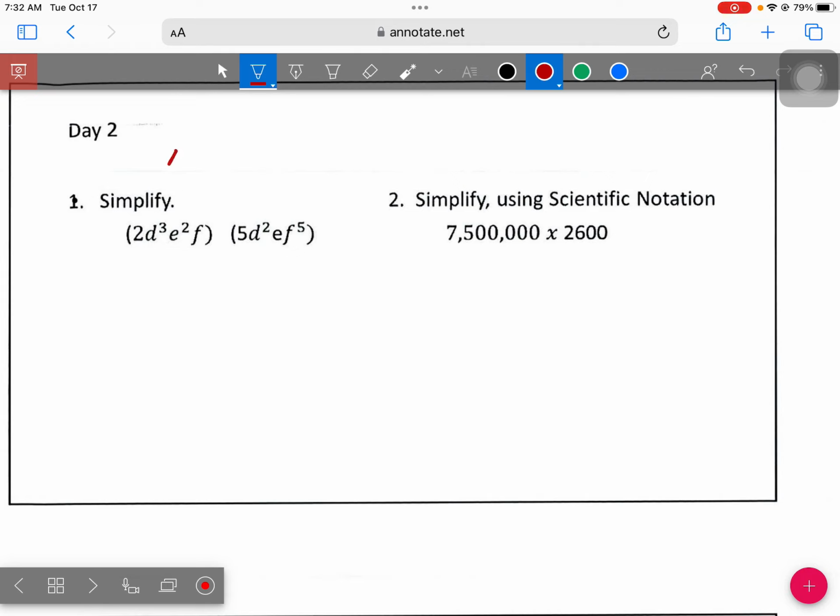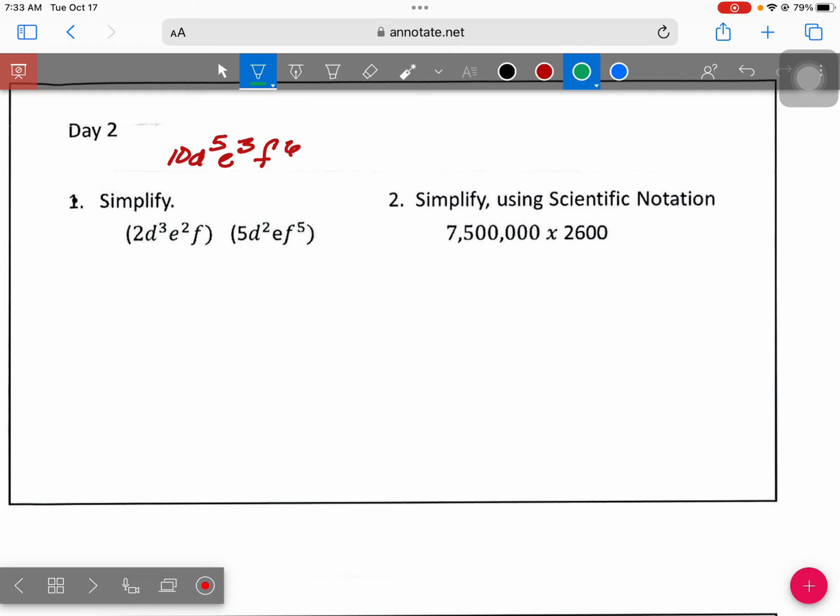What'd you get? 10 times d to the 5th power times e to the 3rd power times f to the 6th power. Okay, 10 d to the 5th, e to the 3rd, f to the 6th. Did I get that right? Anybody else have that? Ooh, that's looking pretty good. Nice. All right, well, let's take a quick look.